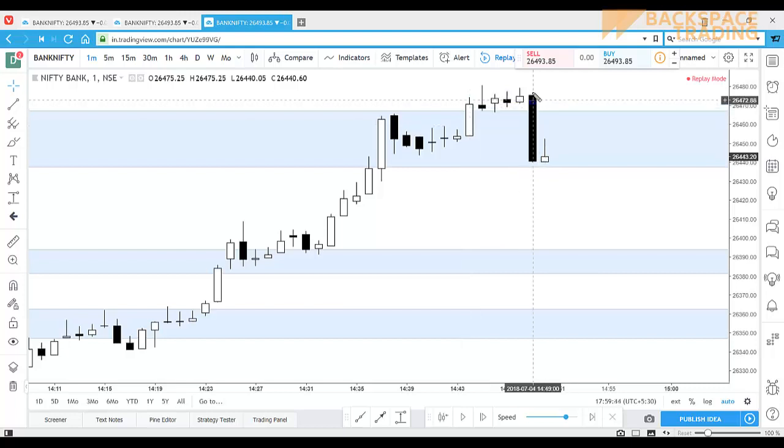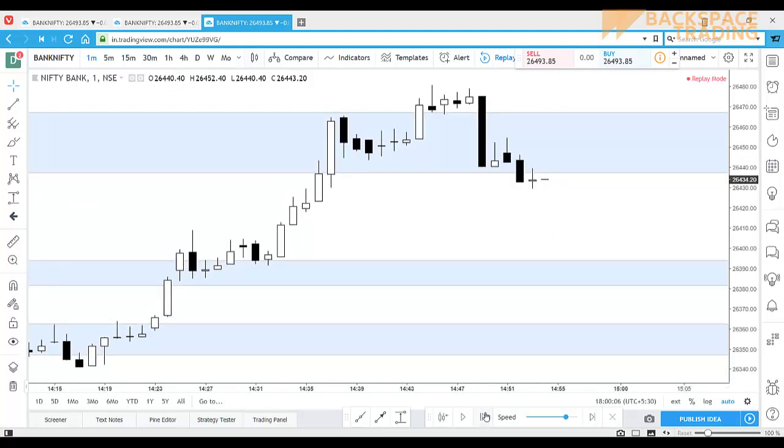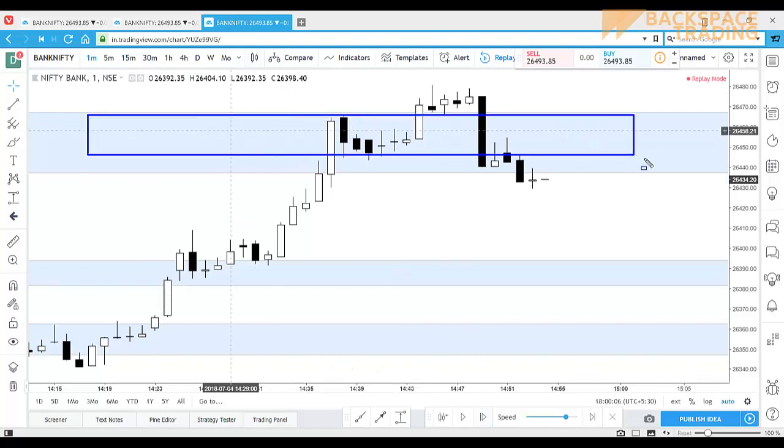This is the pullback strength. There is no weakness while coming down, but here there was weakness. It's a weak pullback, which means strength is to the upside. Now here the pullback is so strong that it can come down further, right? Because we are sitting on the major resistance.